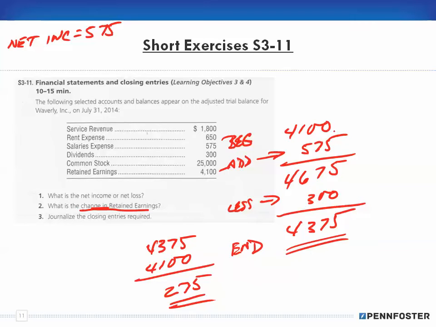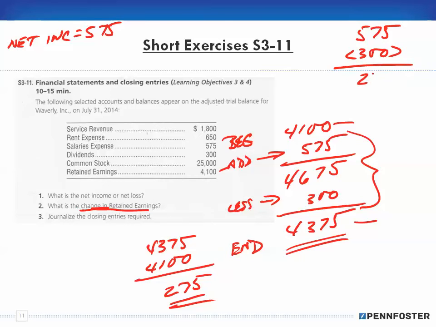Okay, so if this is the beginning and this is the end, everything in between is what causes the change. So if I'm adding 575 for a net income and then I'm less 300 for the dividend, okay, that's going to give me 275. That's the actual change.